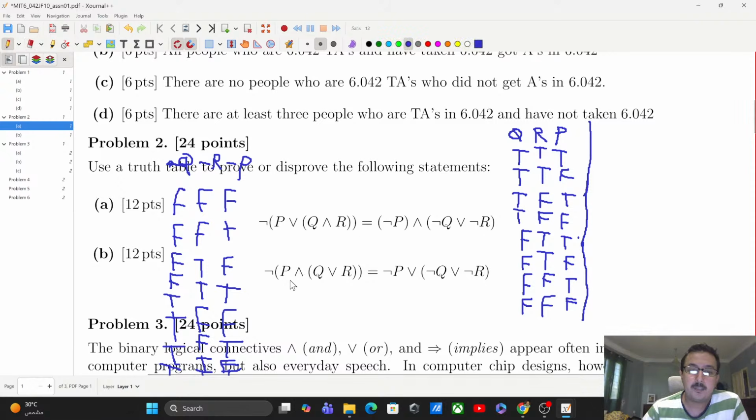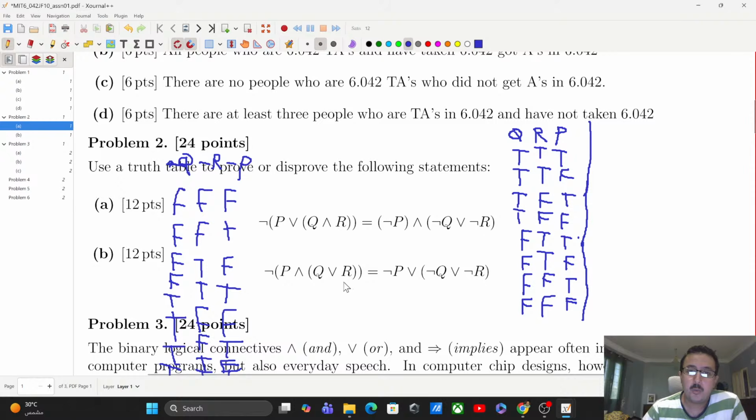I got not the same. Is this one the same as this? Ah, the signs are different. See, the signs are different. Signs are different, so I have to do it again. So I'm going to start here.